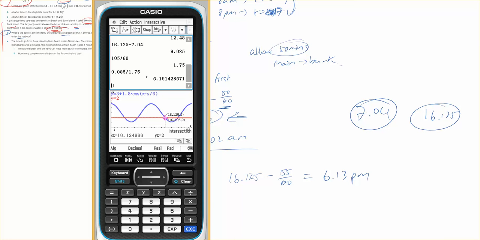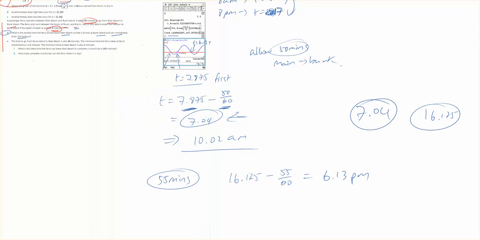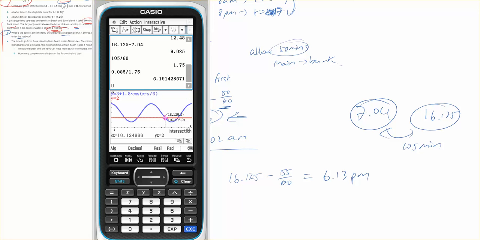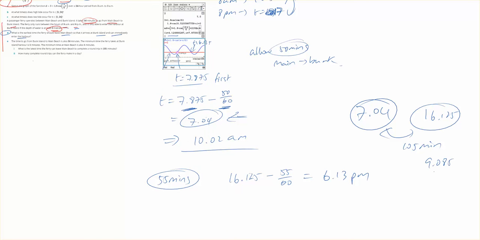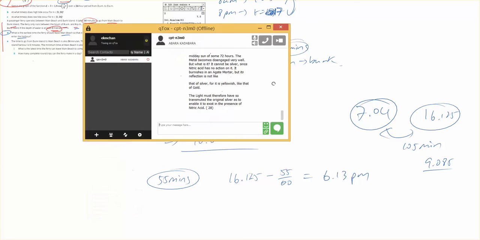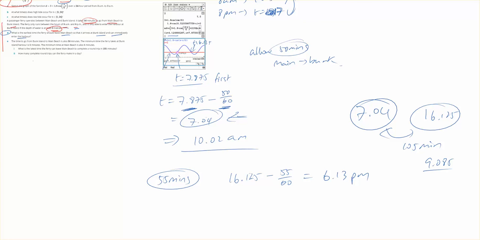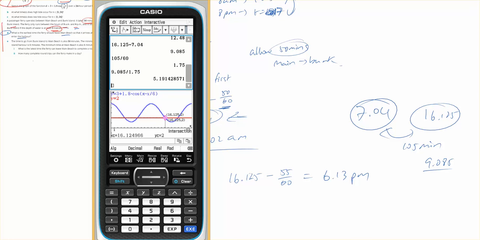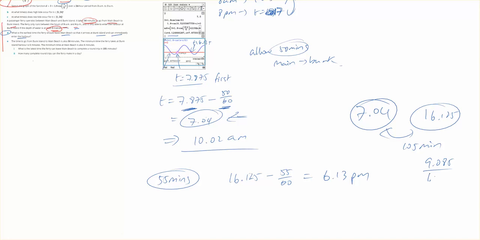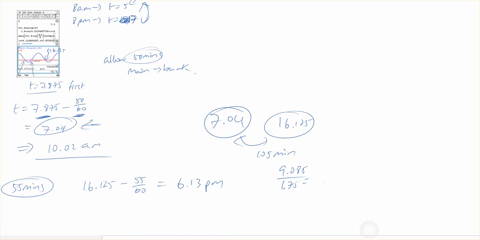Because a round trip takes 105 minutes overall, and that's around 9 hours of travelling time, we take 9.085 divided by the time it takes for each trip, 1.75 hours. I can only fit around 5 trips in total.